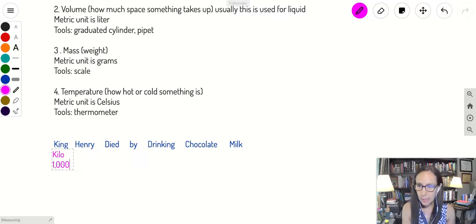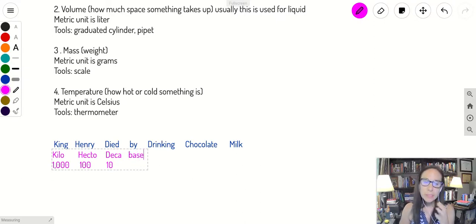Then the H represents hecto, and hecto is 100. And then the D represents deca, and deca is 10. Okay, and then we have the B, and the B is the base unit.